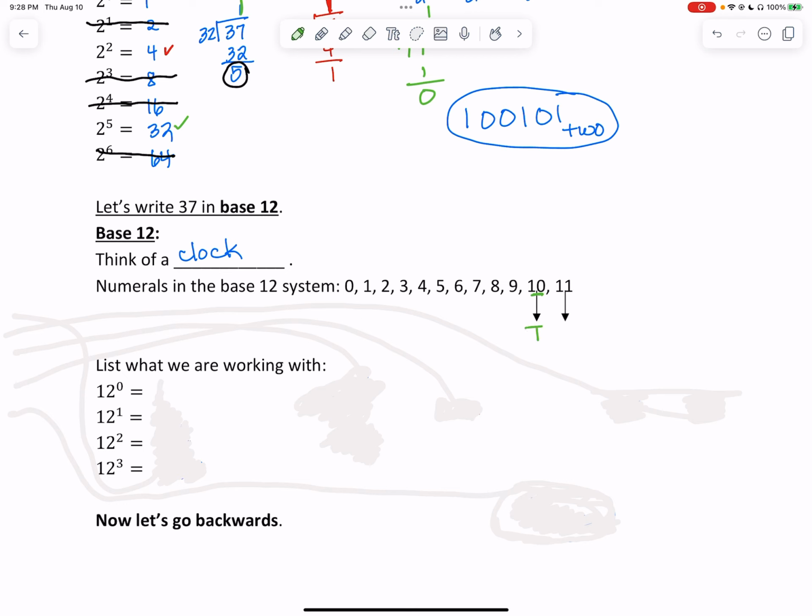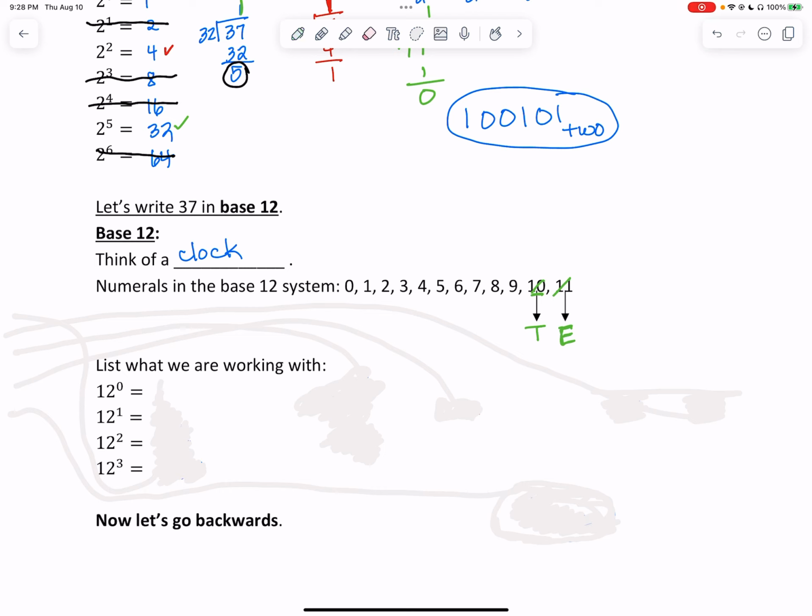It's a T for 10, and 11 is an E. So instead of having 10 and 11, we'll have T and E. The digits in base 12 are 0 through 9, and then T and E. I know it's a little wonky.